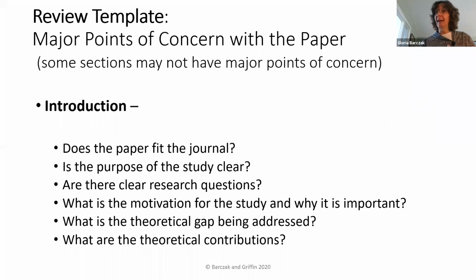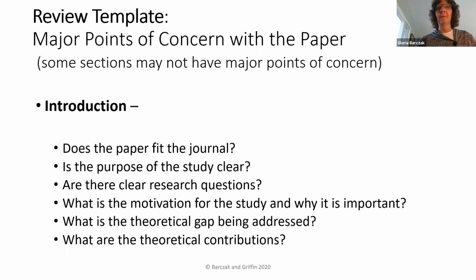So in terms of setting up your review, what we recommend, and others do too, is that you provide the summary, you provide the positive aspects, and then you get into what we call the major points of concern with the paper. And we're basically going to take you through all the different sections. Now, it's possible that not all sections will have major points of concern. And so obviously you have to be flexible and adapt this to where you see the major concerns of the paper.